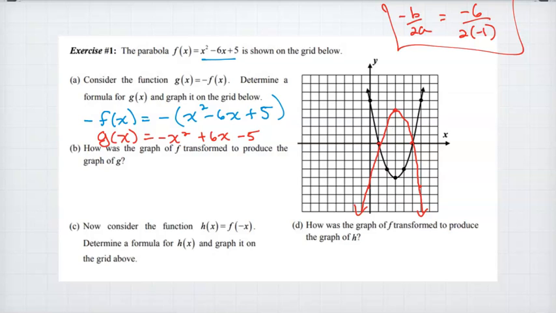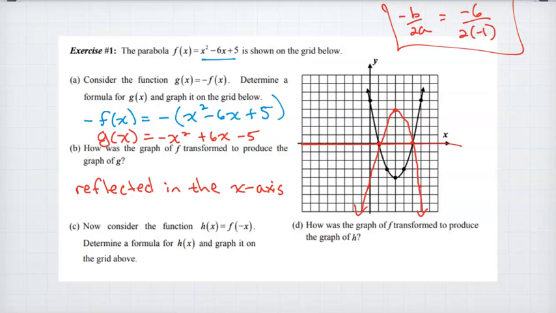And what we say about that is we say that it has been reflected in the x-axis. The shape stays the same, everything stays the same, it's just mirrored over this line y equals 0.